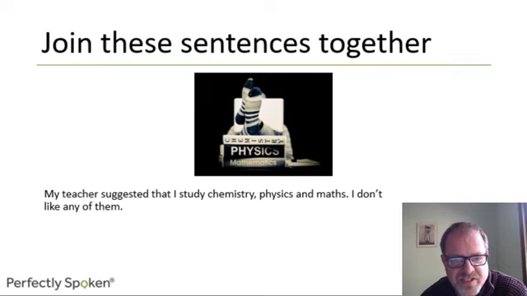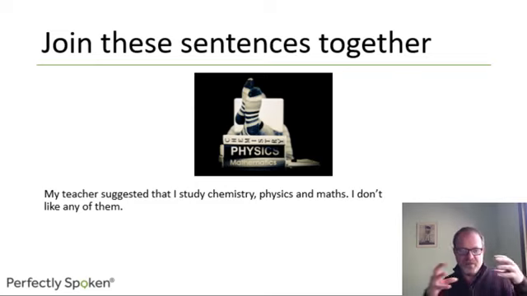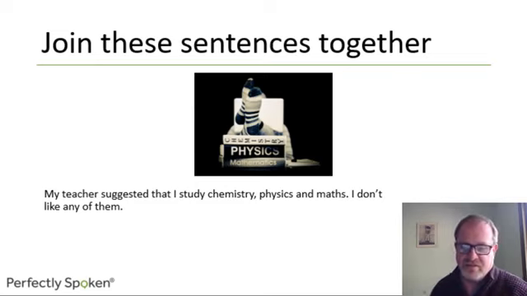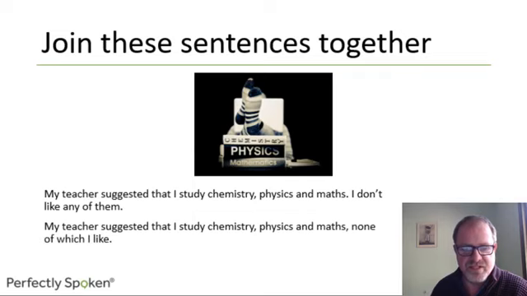My teacher suggested that I study chemistry, physics, and maths. I don't like any of them. How could we combine these two sentences together using a relative clause? Again, pause the recording here if you need some time to think about it. And here is my suggested answer.